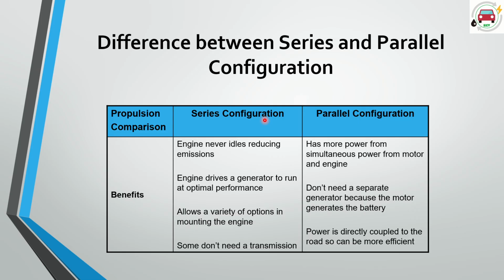In series configurations, the engine drives the generator to run at optimum performance, right? So the engine is continuously running to drive the generator at optimum power. In the parallel configuration, you don't need a separate generator because the motor generates for the battery, right?